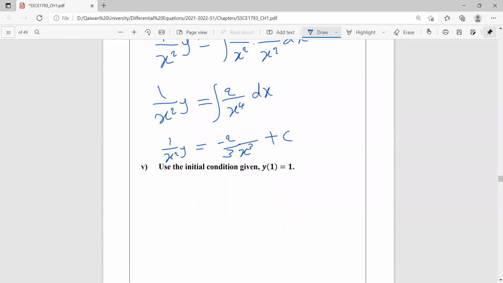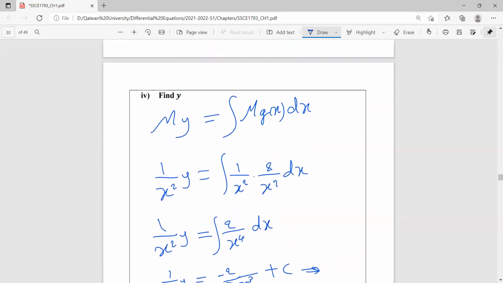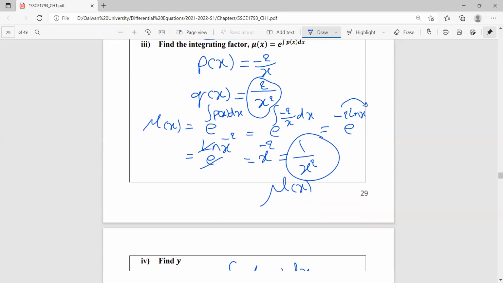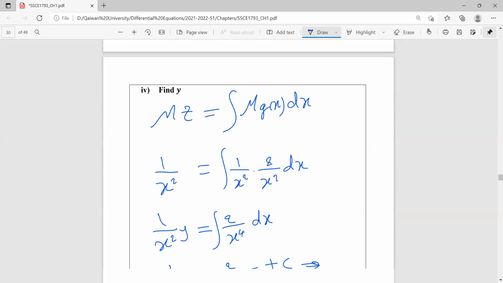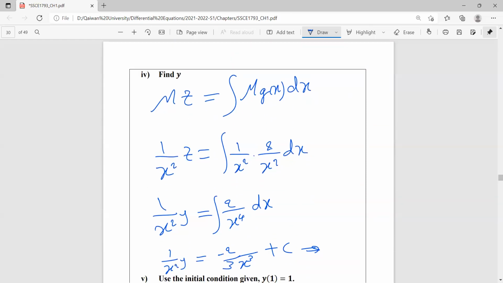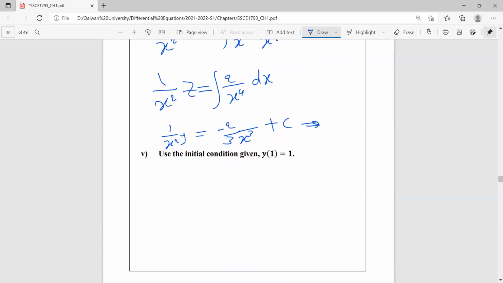Now we are going to find y. So that's not y, it should be z. I'm really sorry, this should be z, not y. This is z because we replaced y by z. We said y squared equals z, so we are only changing y to z.